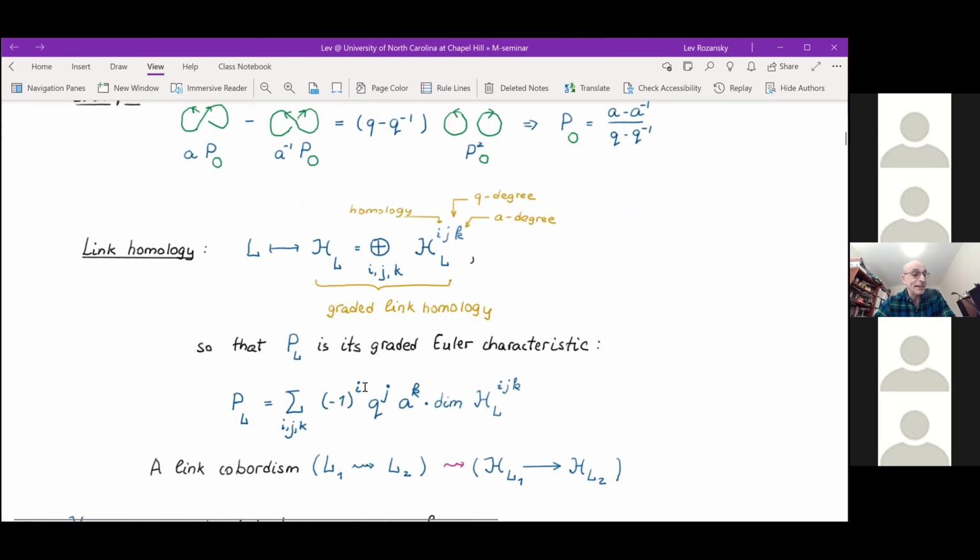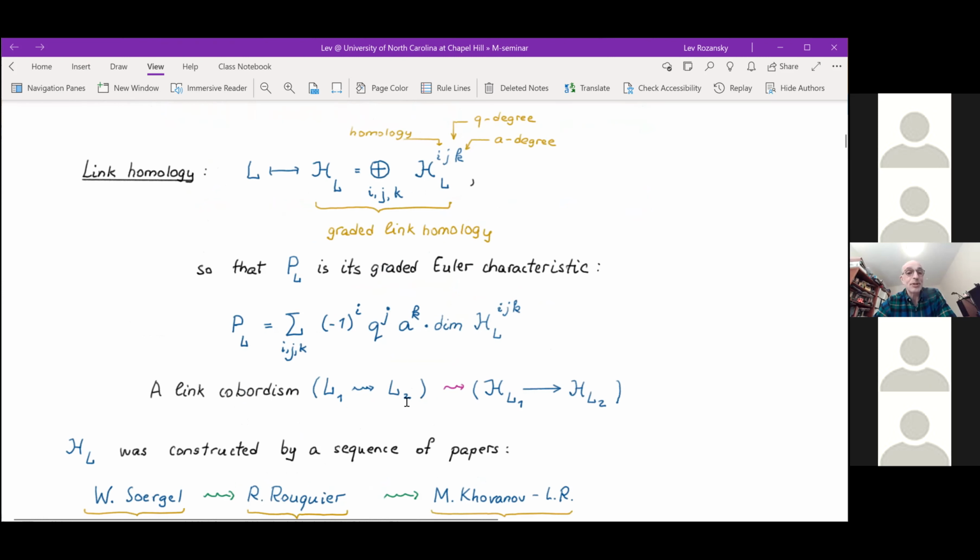The first index just gives you the sum, it's the homological index, and the other 2 are reflected by powers of the variables q and a, and the result should be the link homology. And it's a bit more complicated. One has to show that to a link cobordism between 2 links, you associate a linear transformation between these 2 vector spaces.